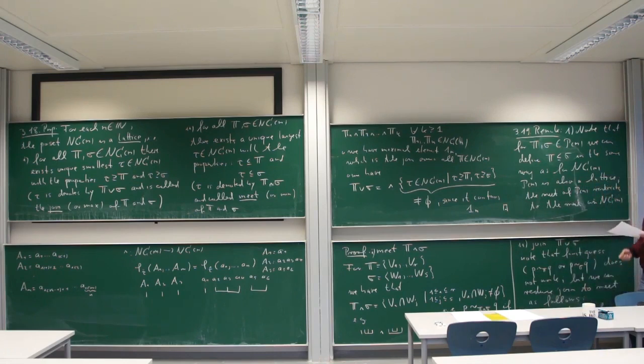So this means if I have two non-crossing partitions, which of course I can consider as elements in all partitions, then I have essentially two operations. I can take the meet in all partitions, I can take the meet in the non-crossing partitions, but it turns out this doesn't make a difference. For the join on the other hand, it makes a difference.